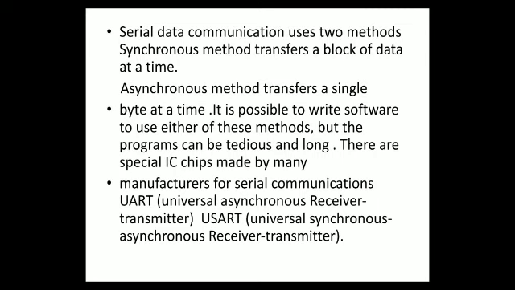Okay, so let us understand one by one. The synchronous method transfers a block of data at a time where the block size is not fixed. I repeat, the synchronous method transfers a block of data at a time wherein the size of the block is not fixed. This method is called the synchronous method of transfer of data. So let us elaborate on it and understand this.